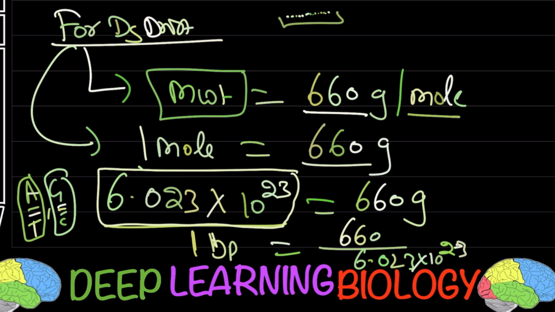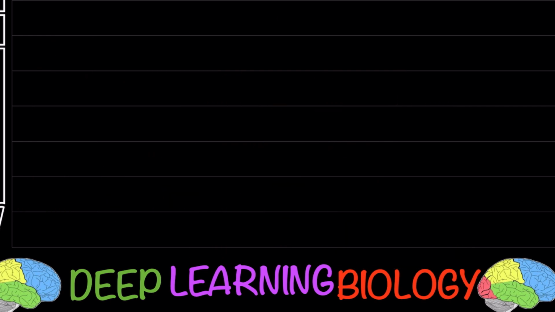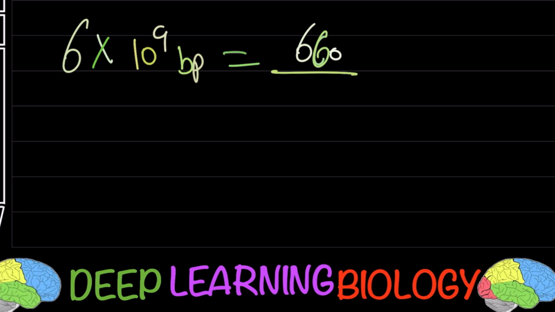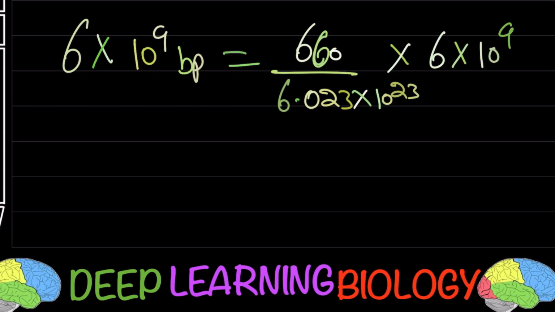Now if you want to calculate the weight of 6 into 10 to the power 9 base pairs, very simple. The weight of one base pair is 660 divided by 6.023 into 10 to the power 23. And what will be the weight of 6 into 10 to the power 9 base pair? Just multiply by this. Very simple. Now it will come in gram.